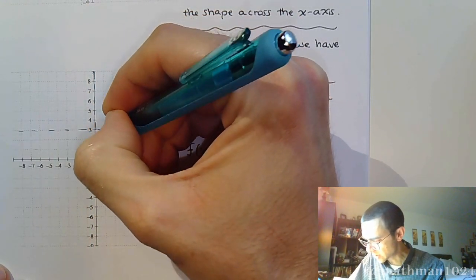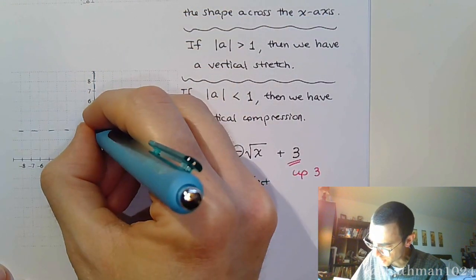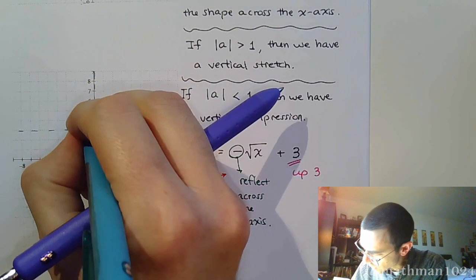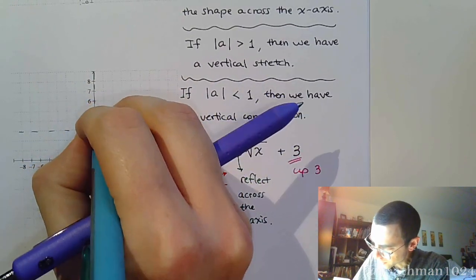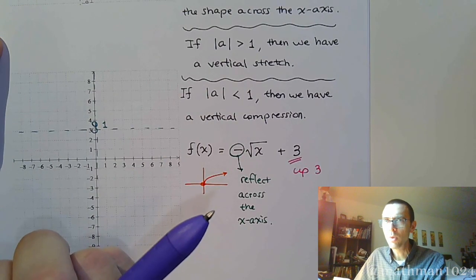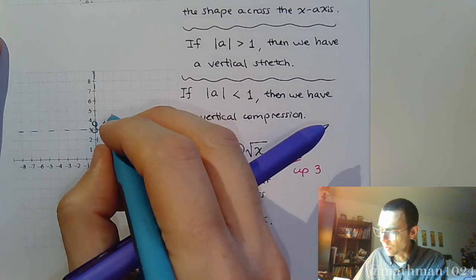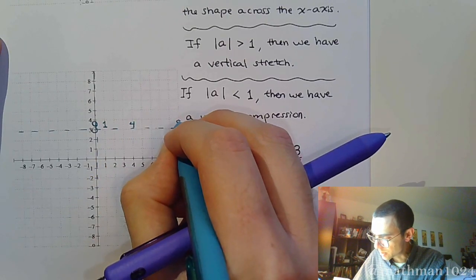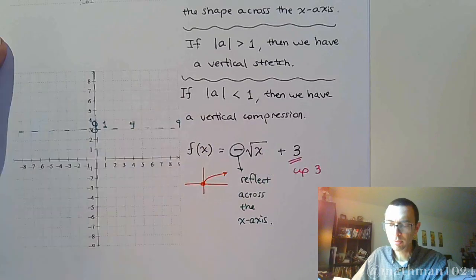So it's going to look something like this for our new x and y axes. This being your key point, that being your origin, right? So this is going to be 0, 1. Now remember, for the square root, we want to look at perfect squares. So 1, 2, 3, 4, and then 9 is going to be over here.